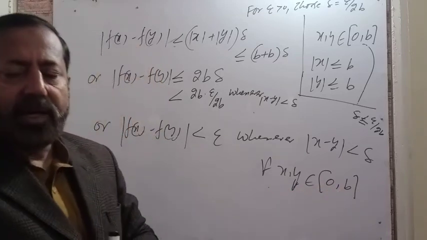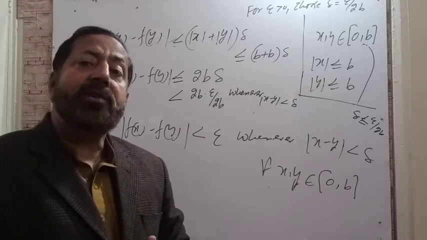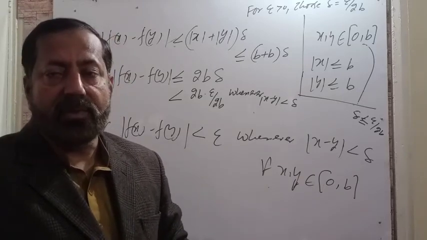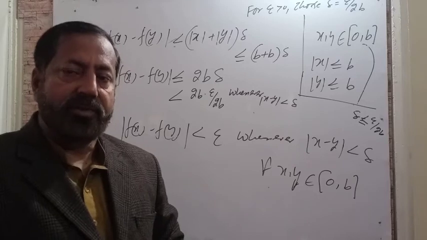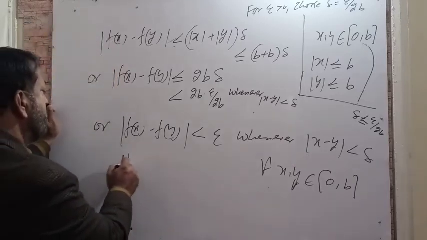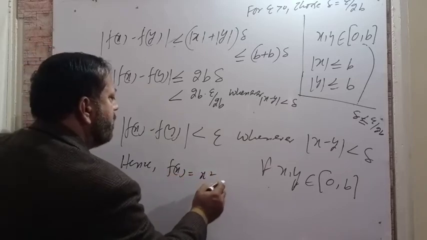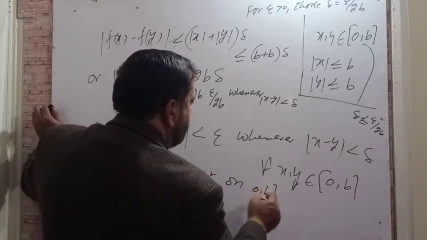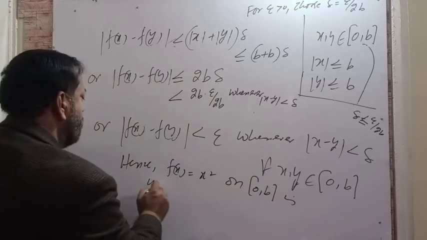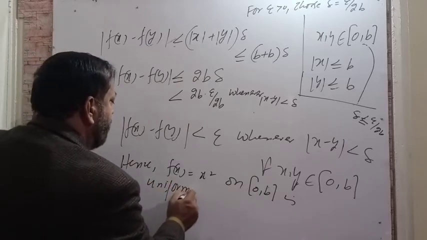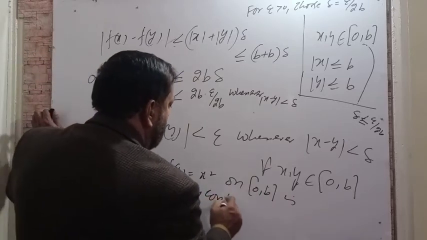That's why I can say that f(x) = x² on this closed interval is uniformly continuous. Hence f(x) = x² on [0, b] is uniformly continuous.